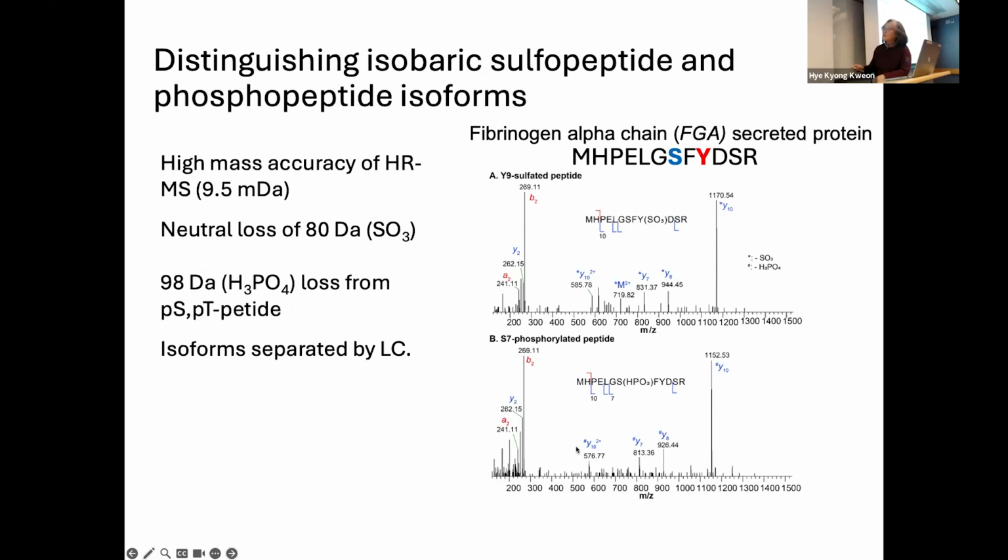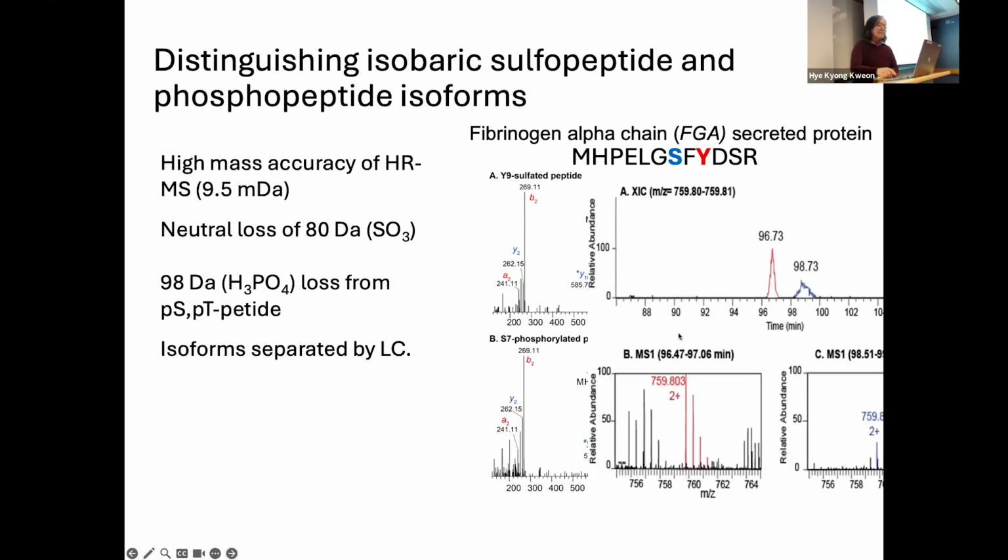So I marked it with a pound sign here. If you see the corresponding peak, it is different by 18 Dalton. That's how this clearly tells us that this is a phosphorylated peptide. We can even have the localization information, but at least this we can tell. This is a phosphorylated peptide. This is a sulfated peptide.